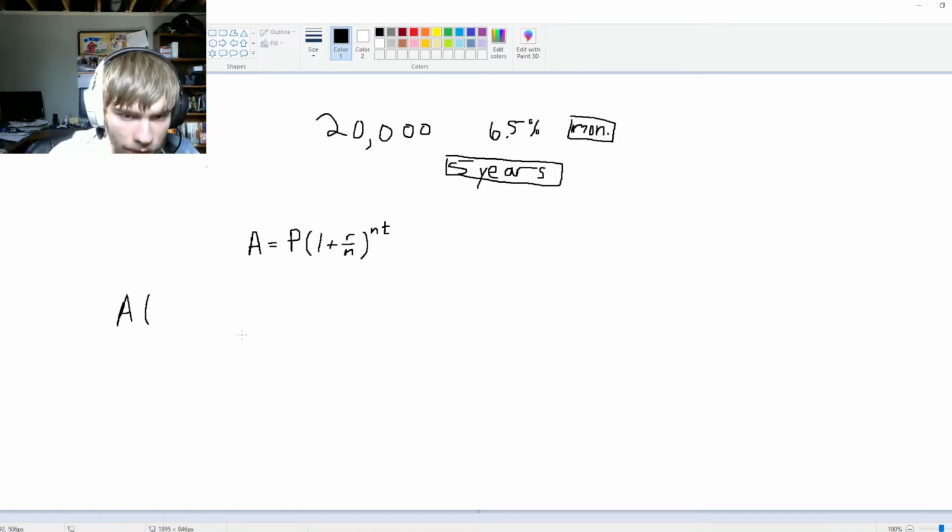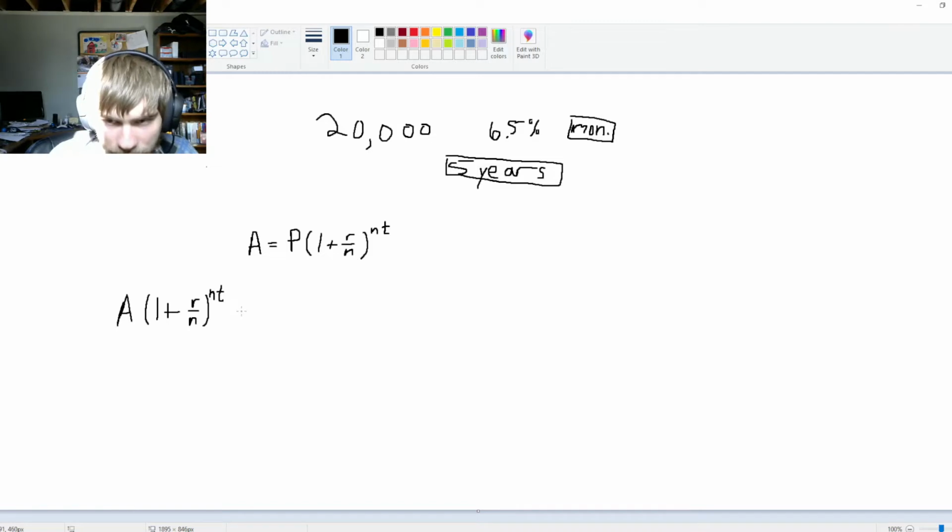That's how loans work. So let me make sure I have this exactly right. It's that formula that we had before, R over N to the NT.